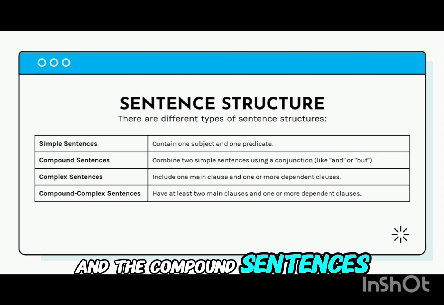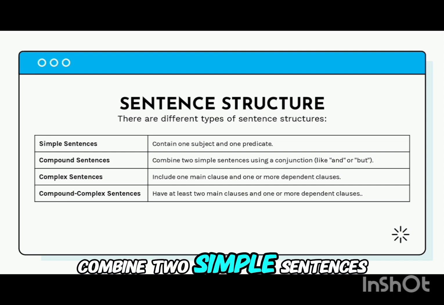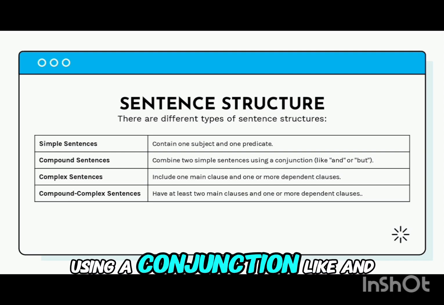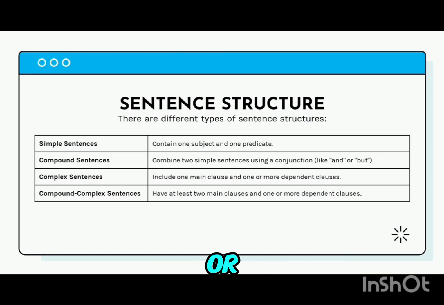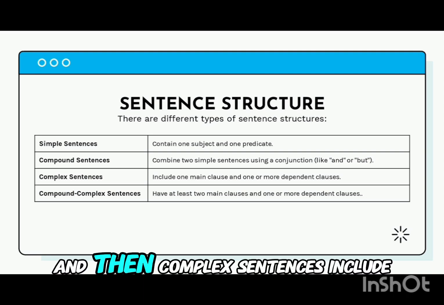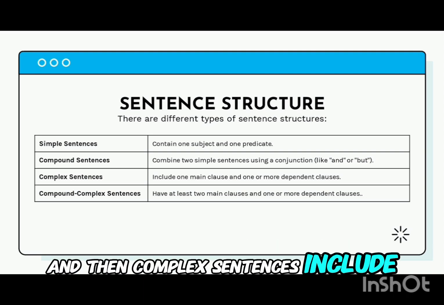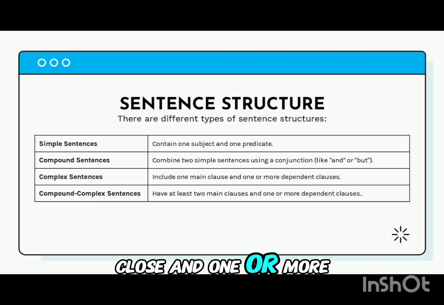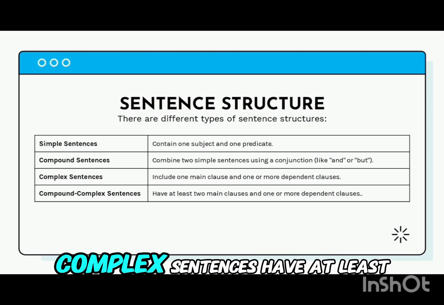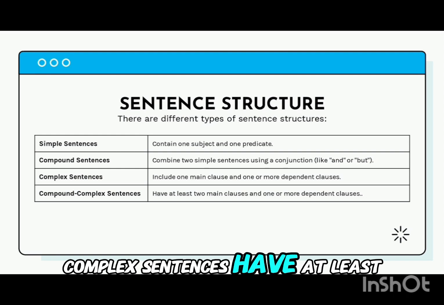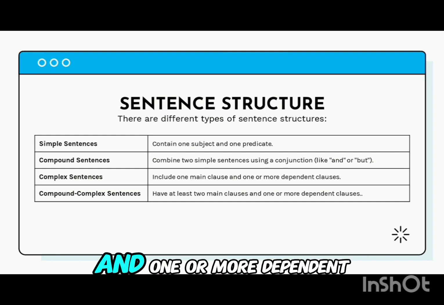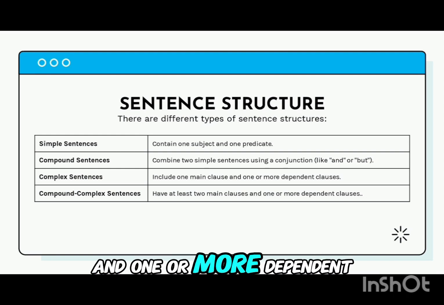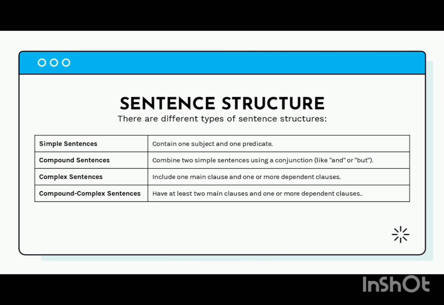Compound sentences combine two simple sentences using a conjunction like and or but. Complex sentences include one main clause and one or more dependent clauses. Compound-complex sentences have at least two main clauses and one or more dependent clauses.